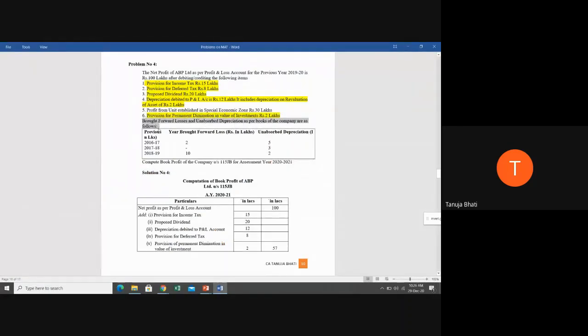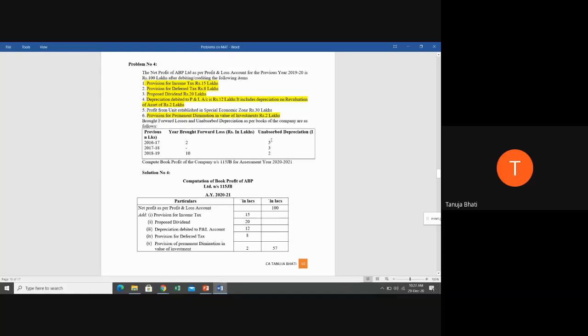Next, brought forward losses and unabsorbed depreciation as per the books of the company. What we usually do in case of brought forward losses and unabsorbed depreciation is take the total of both, and whichever is less, we are going to minus that amount. In case of brought forward loss, the total is 12 lakhs.